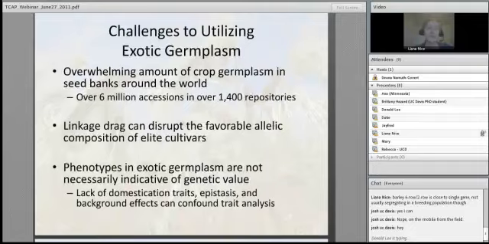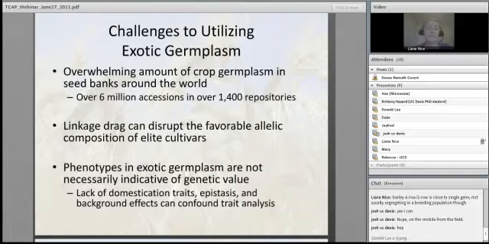So, of course, there are challenges. There's kind of an overwhelming amount of crop germplasm in seed banks around the world. So what do you choose to start working with? Linkage drag, so bringing deleterious alleles along with those beneficial alleles that you find in the exotic germplasm, can be a big problem.